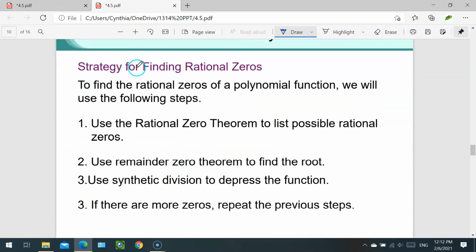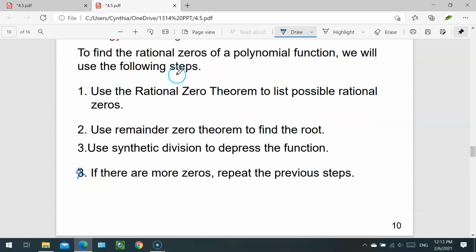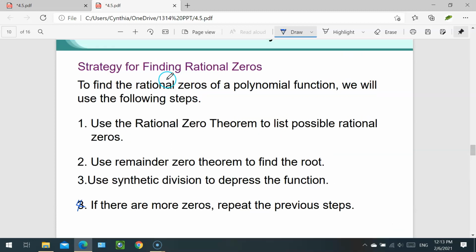Before the example, here it says at least 4. Alright, this is a typo. This should be 4. So there are 4 procedures or instructions you can follow when you break down a polynomial function into pieces.